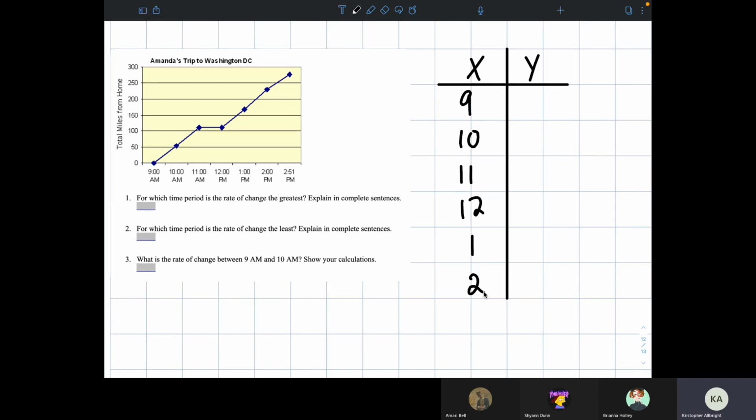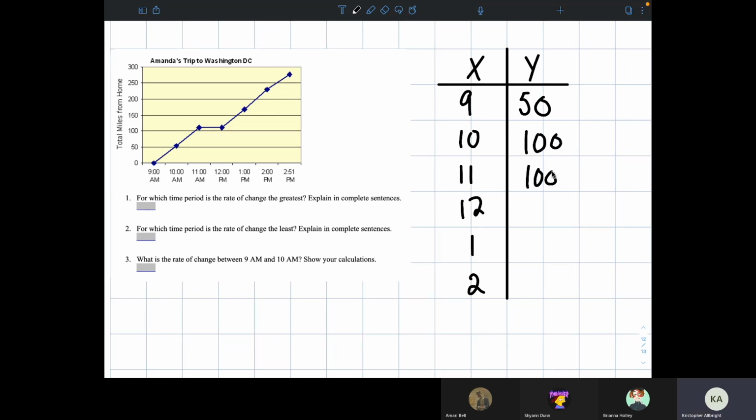And then on the right side, we just write the distances. So we just write where it is on the y-axis. So 9 is about 50. 10 is about 100.